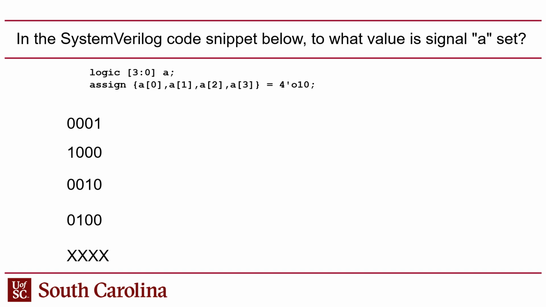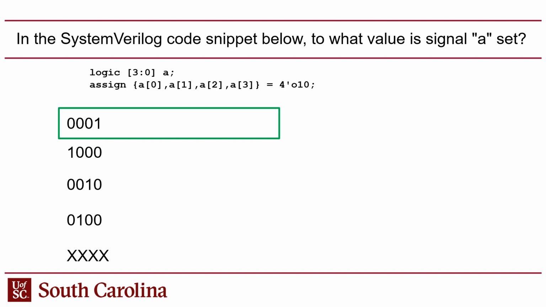That would be the value 8, right? And 8 in binary is 1000, right? So it's going to reverse that. It should be 0001, right? This guy. You guys see that? Makes sense?